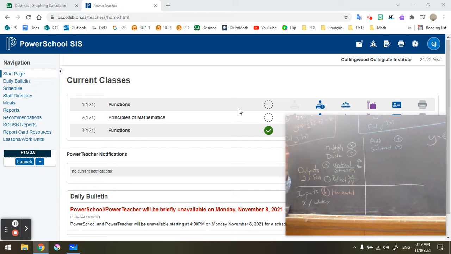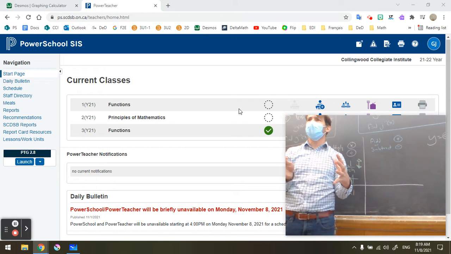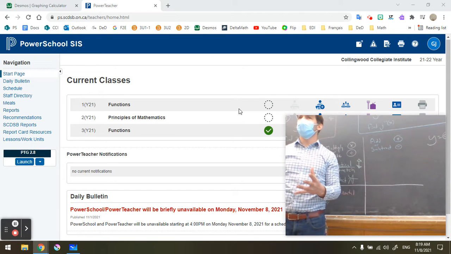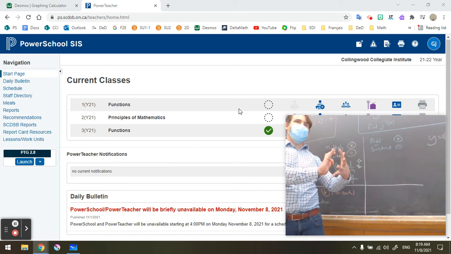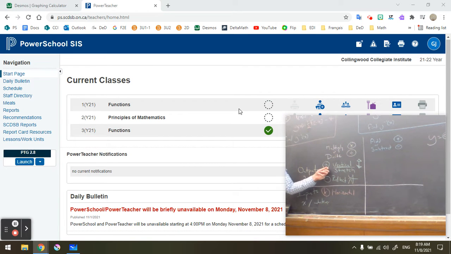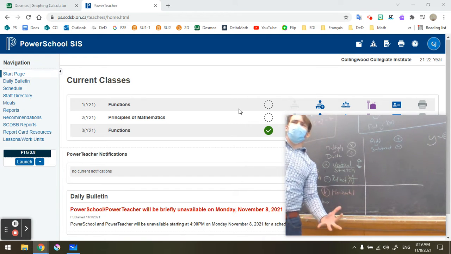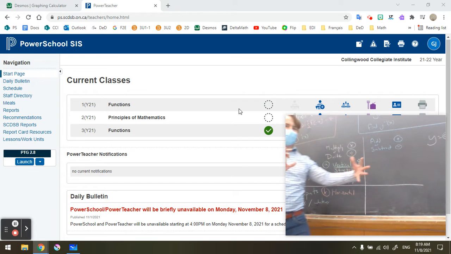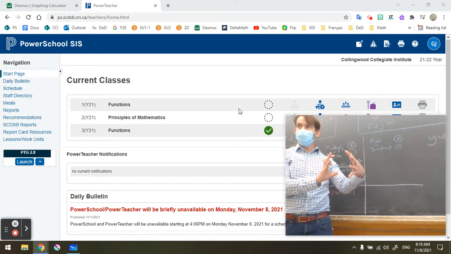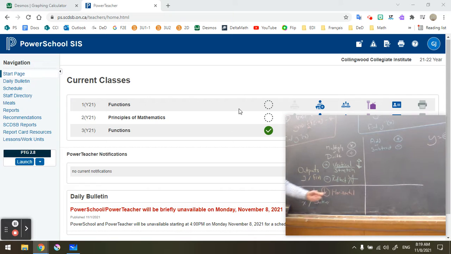The effect of k, what happens to the horizontal movement of the function as k gets big? Yeah, it squeezes everything towards the y-axis. That's kind of counterintuitive, because when we multiplied outputs, it stretched them away from the x-axis. Here, as k gets bigger, it squeezes towards the y-axis. So we call this horizontal compression.